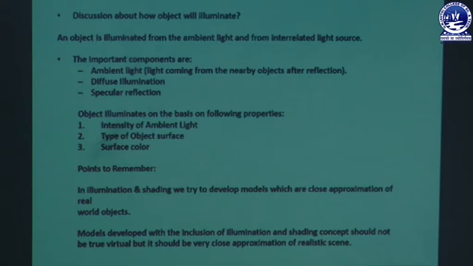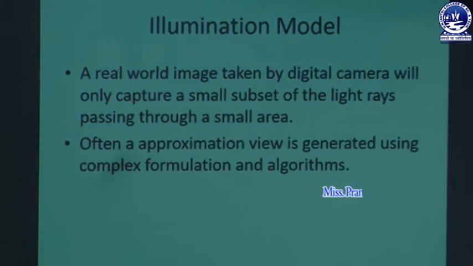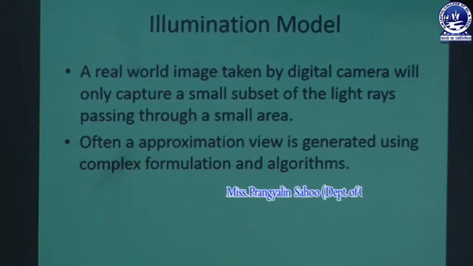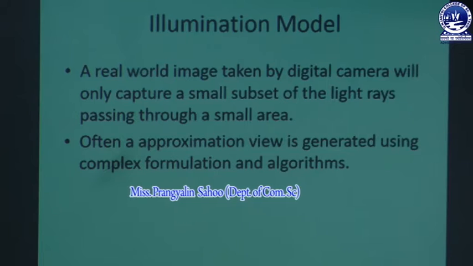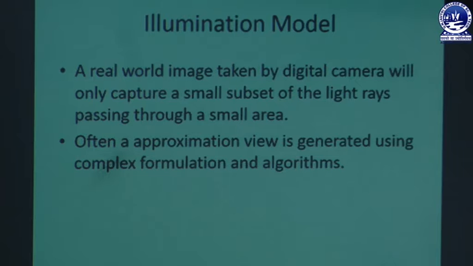So now to start with our initial concept, what are illumination models? A real-world image taken by a digital camera will only capture a small portion of the light rays passing through a small area, and an approximate view is generated using complex formulation and algorithms.